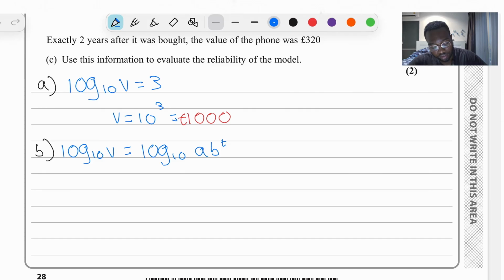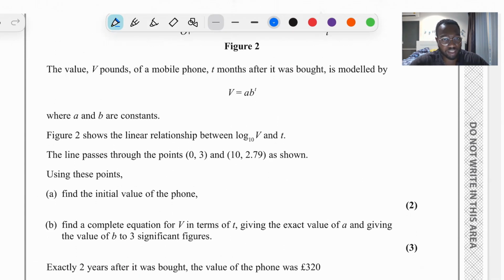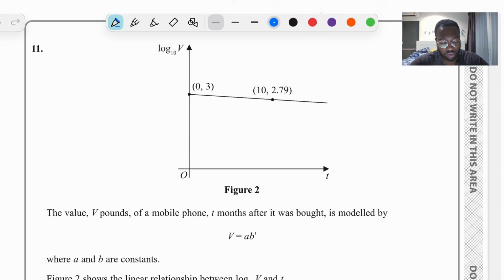Okay, and what we want to do is get this in the form of y equals mx plus c, the equation of a straight line. Why do we want to do that? Because if you look in this question here, they tell us that it shows a linear relationship, okay? A linear relationship between log v and t. So already that tells us that it's a straight line. And also if you look at the graph, it's also just a straight line.